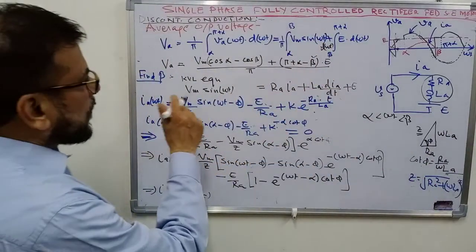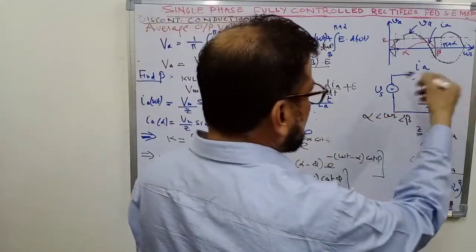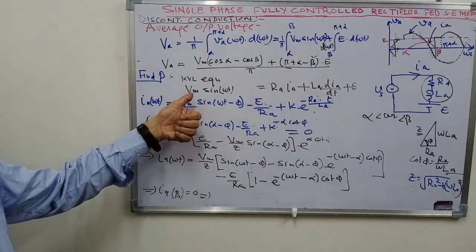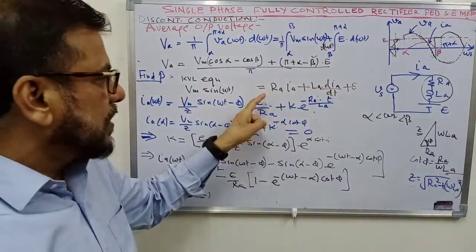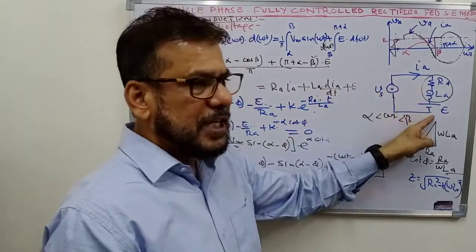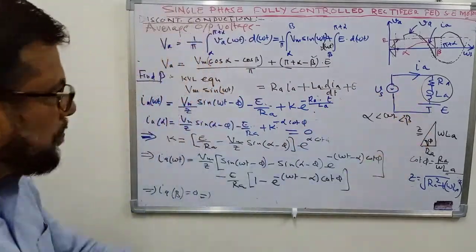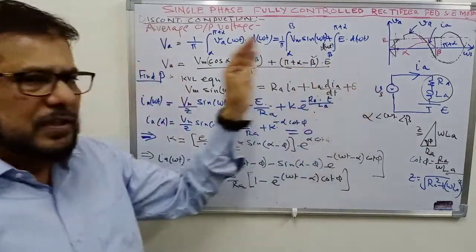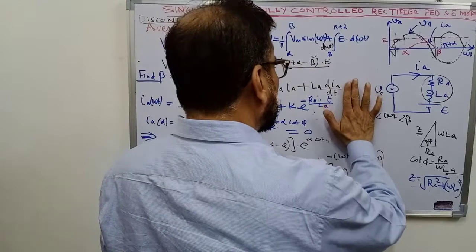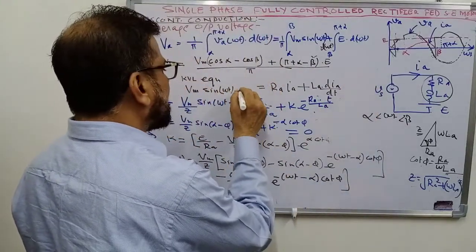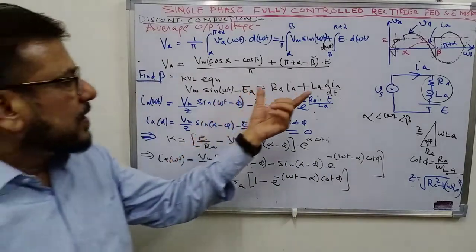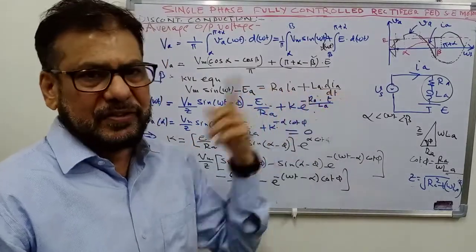Now apply Kirchhoff's voltage law here and see the equation. It is Vm sin omega t, the source voltage, equal to Ra Ia plus La di/dt plus the back EMF E. Now this back EMF E you can take to the left hand side, so the equation has Vm sin omega t minus E. So you can say that there are two sources acting on the RL circuit.